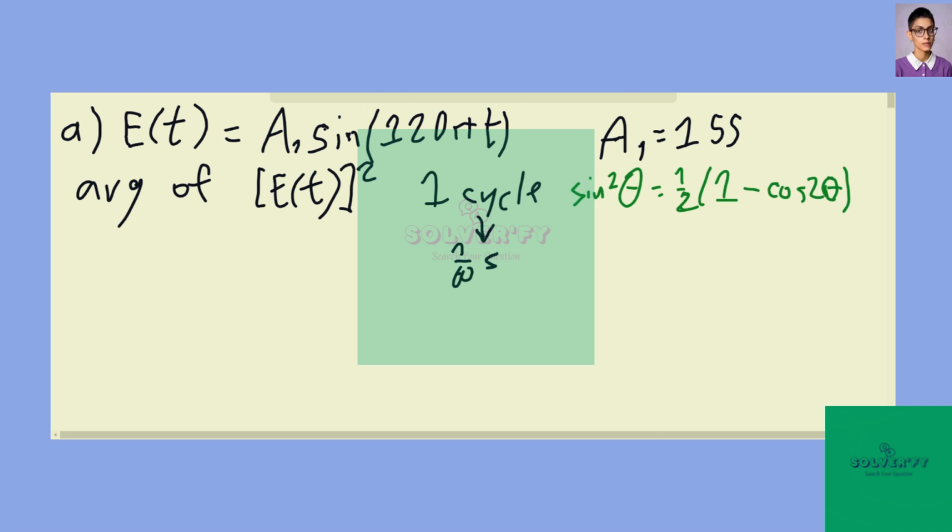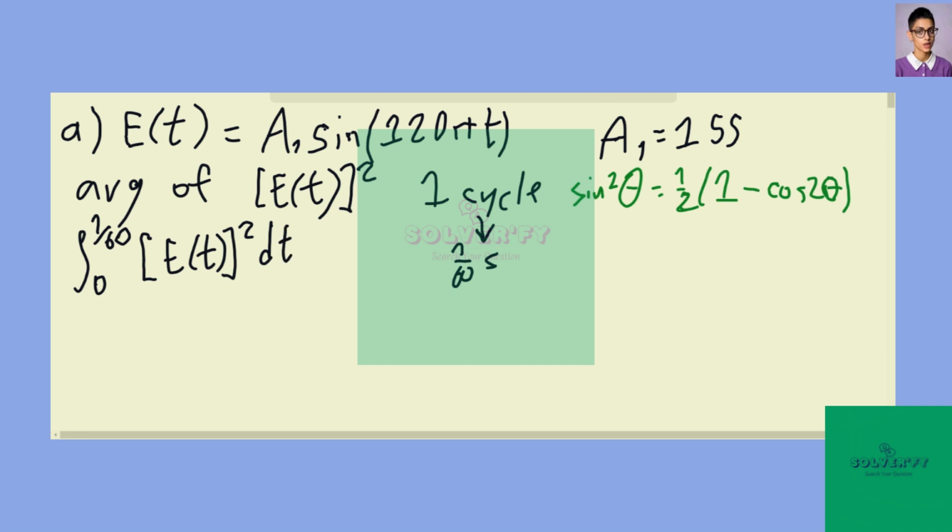So basically, we have the integral from, we could do any time period since it's a cycle, so long as it's 1/60th of a second long. But for simplicity we'll do from 0 to 1/60.